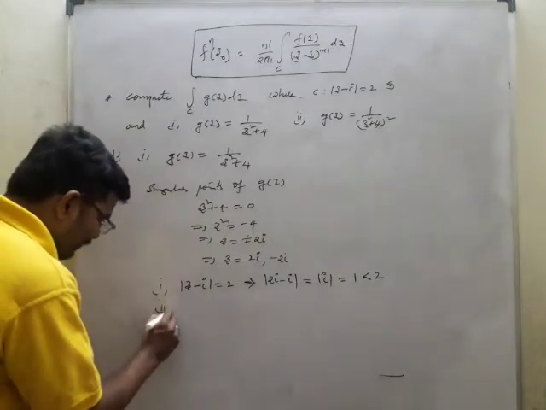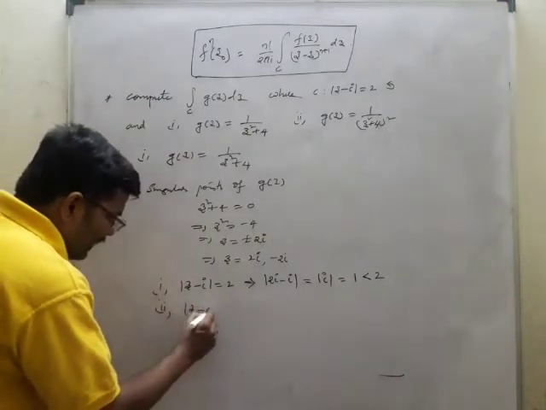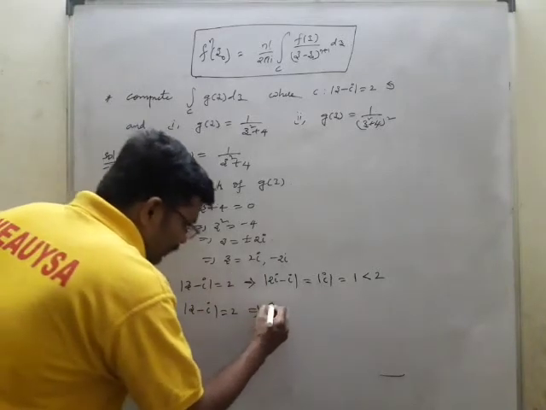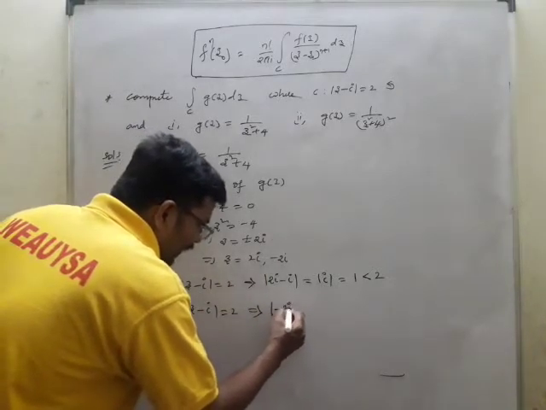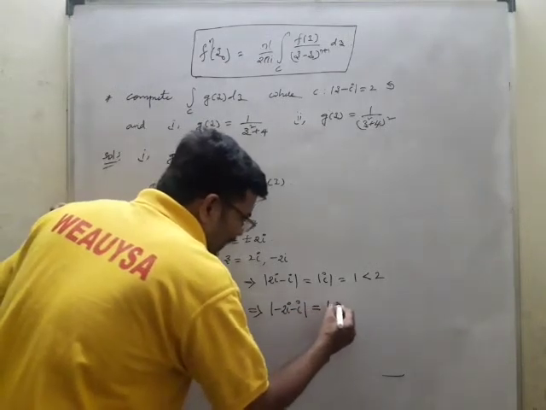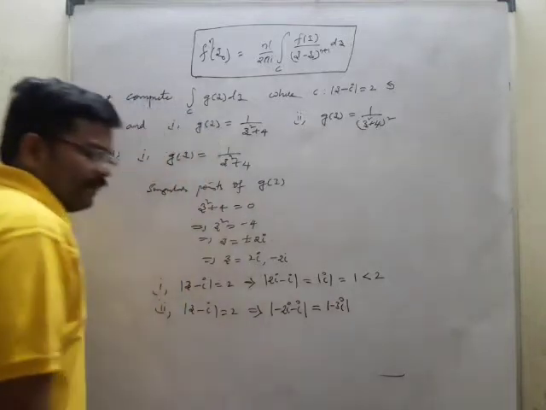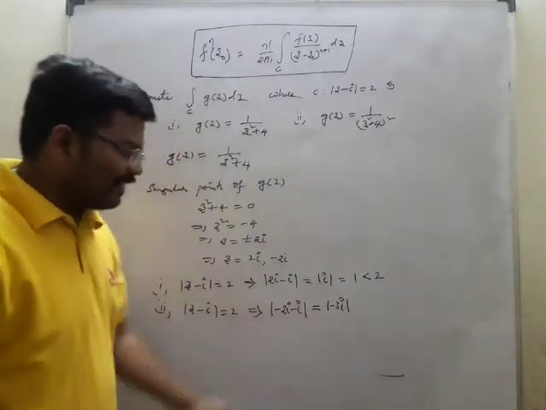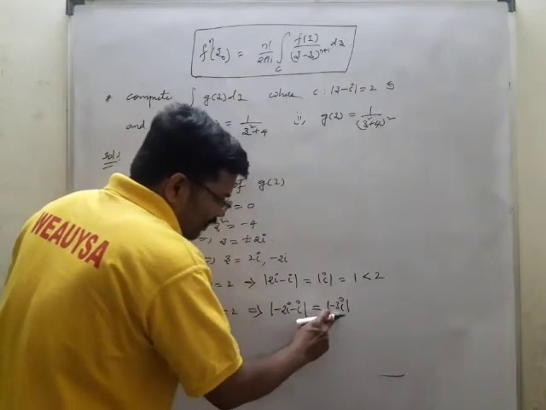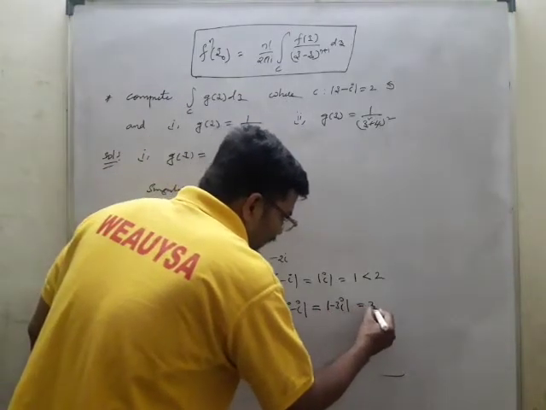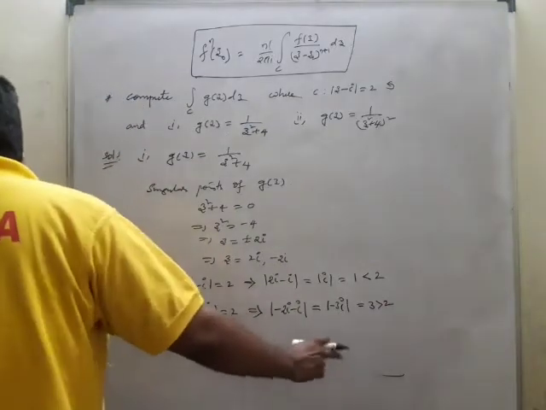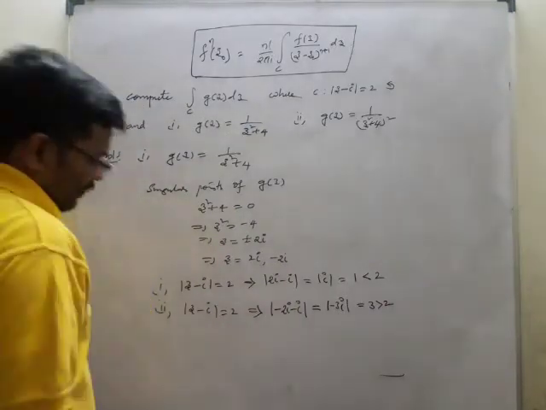The second one, mod z minus i is equal to 2, the second one means minus 2i. So minus 2i minus i is minus 3i. If you take the mod, it will be 3, which is greater than 2.